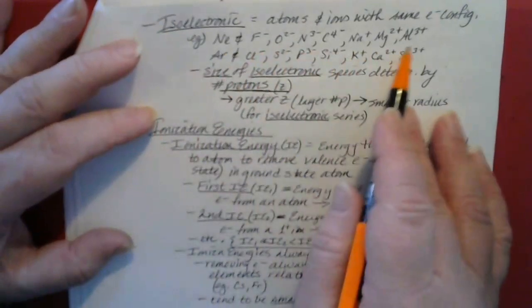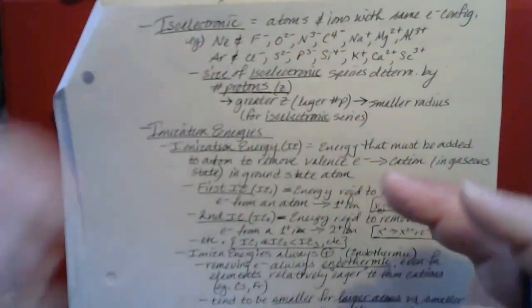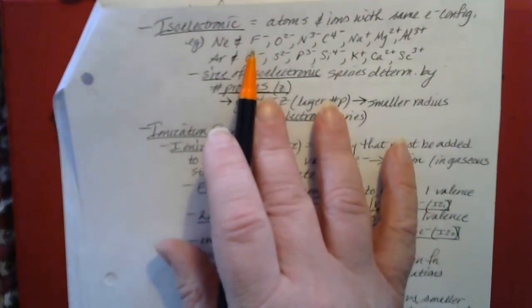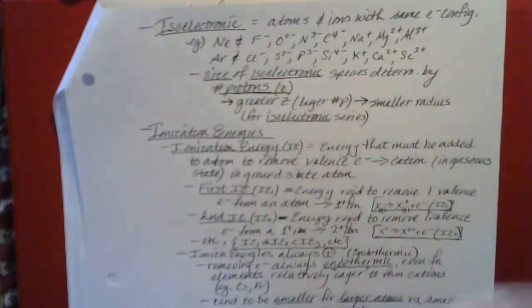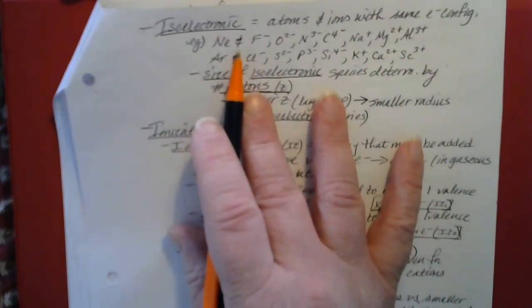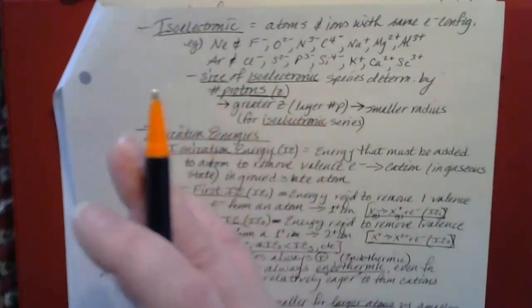You've got the same number of electrons for anything that's isoelectronic, but the number of protons in the nucleus will be different. And so you've got the same negative charge around the nucleus, but a positive charge in the nucleus that varies. The bigger the positive charge in the nucleus, the closer it will draw the valence shell of electrons, and the smaller the ion or atom will be.